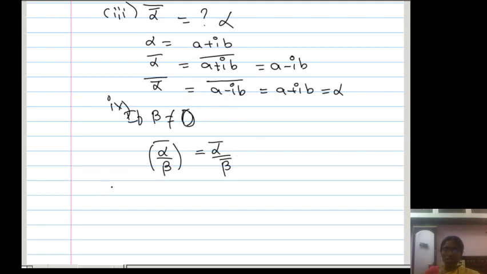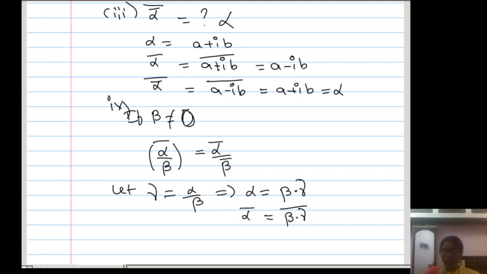To prove this, let us assume that gamma is equal to alpha by beta. Then what is alpha? Beta into gamma. Now, alpha bar is equal to beta into gamma whole bar.